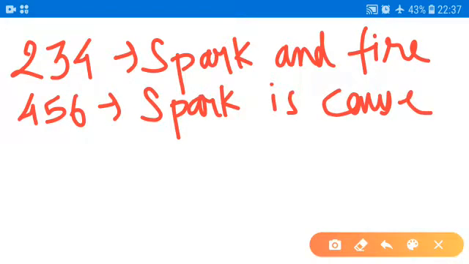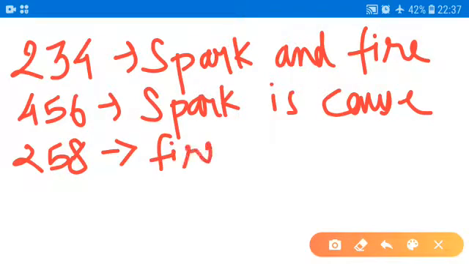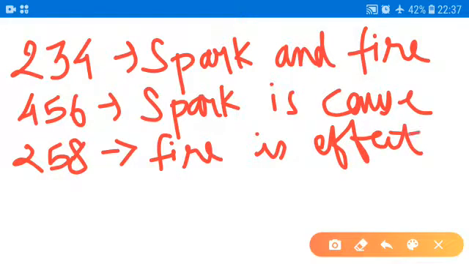In the same way, 258 means what? 258 means fire is effect. Okay, now what we have to find? What is the cause? What is the numeral assigned for cause?